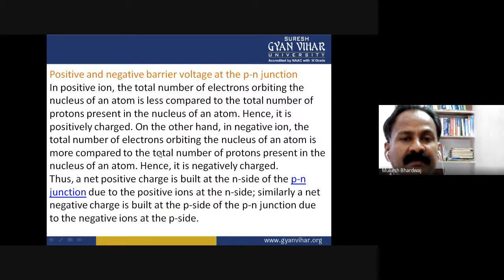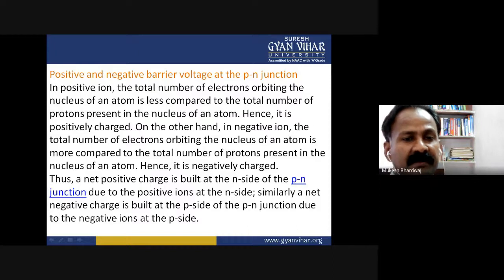Positive and negative barrier voltage at p-n junction. In a positive ion, the total number of electrons orbiting the nucleus of an atom is less compared to the total number of protons present in the nucleus of an atom. Hence, it is positively charged.